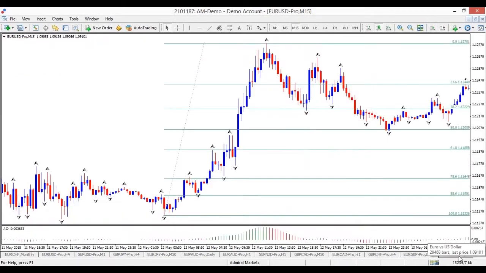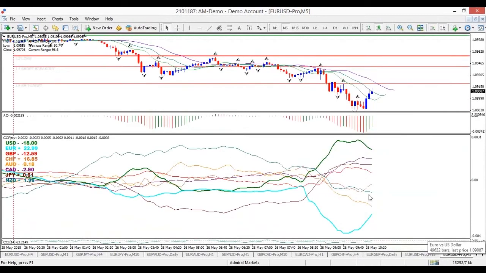Let me quickly take a look at the strong versus weak. Dollar moving down a bit, euro up, getting a bit of a bounce. Obviously, dollar was strong. This is the Aussie, I believe.